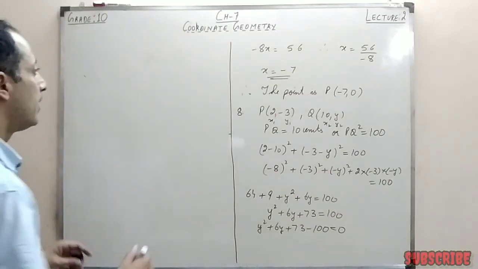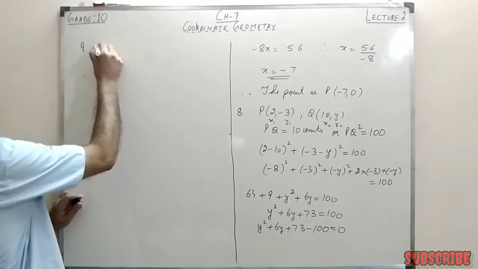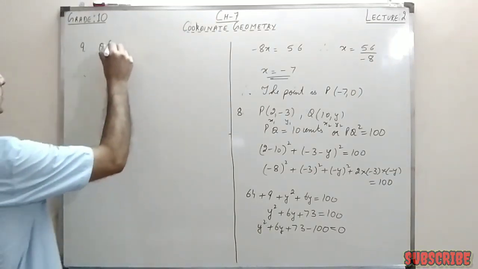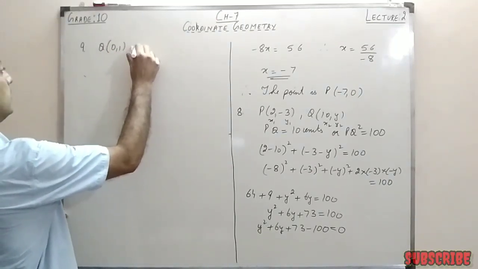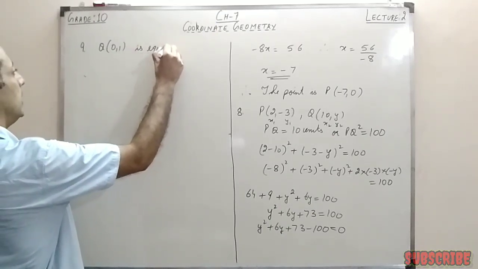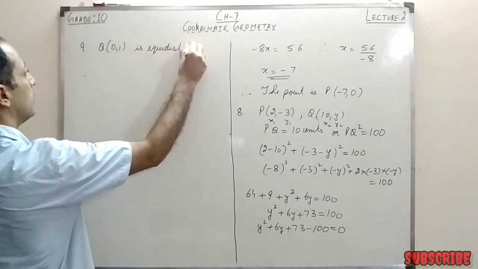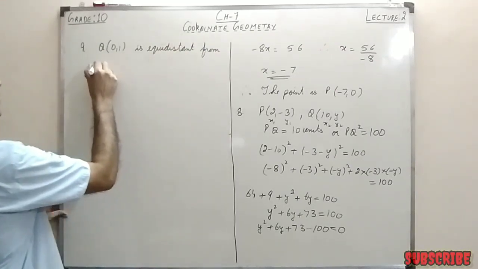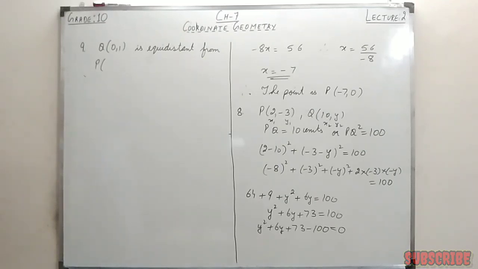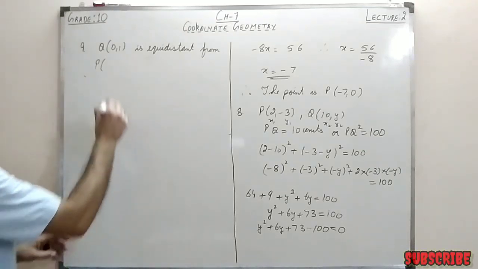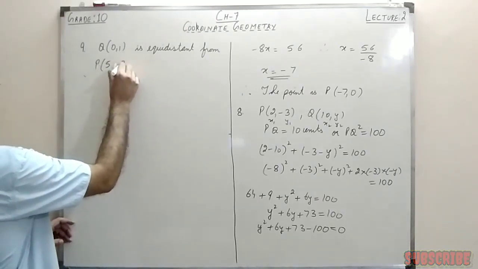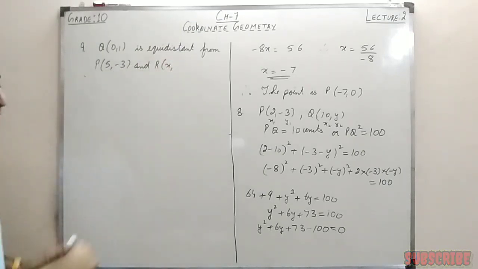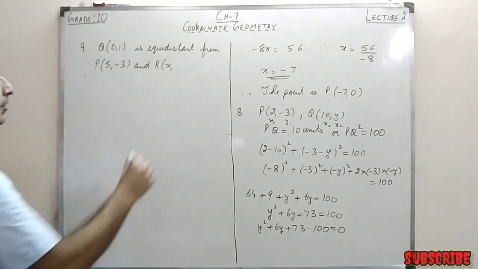Now, what is given in the 9th question? Q (0, 1) is equidistant from P (5, minus 3) and R (x, 6).